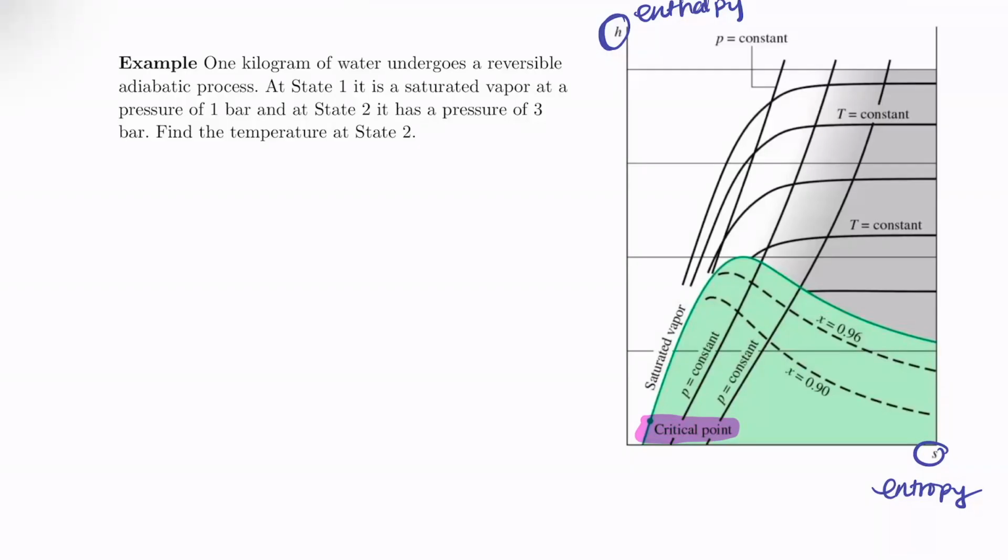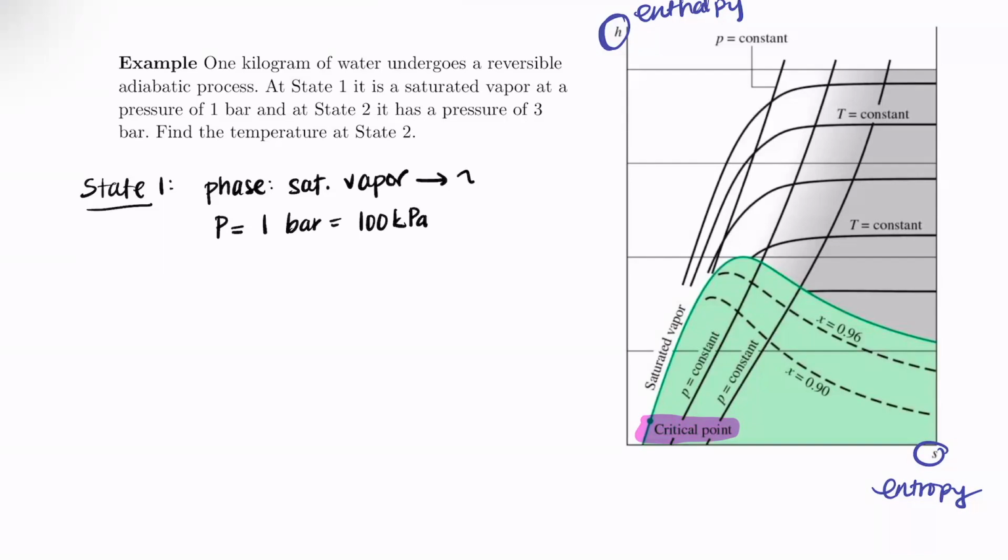All right, so let's write down what we have. We have lots of good information in here. So we have information about states 1 and 2. For state 1, the phase is saturated vapor and the pressure is 1 bar, which is 100 kPa. Since we have saturated vapor, what's our quality? 1.